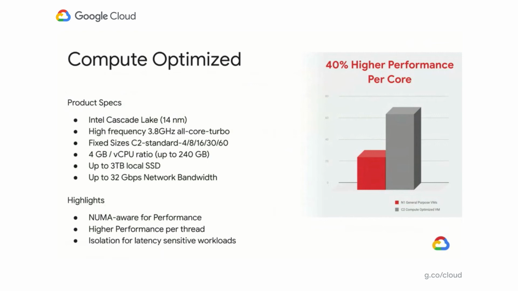They also enable you to attach local storage if that's needed by your application and offer you up to 32 gigabits per second networking bandwidth. With capabilities such as NUMA-aware performance and higher performance per thread, as well as higher isolation for latency-sensitive workloads, these VMs can offer you a great boost for many applications.